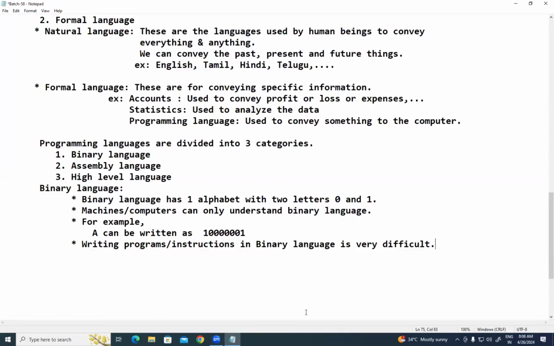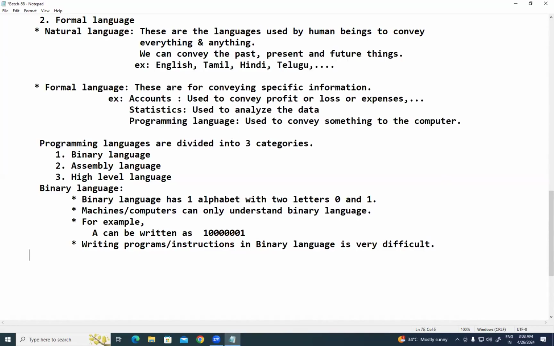Folks, I'm giving you very basics, which are very important, so that you will get an idea why we are writing the programs in programming languages. Am I clear so far? So, writing the programs in binary language is easy or difficult? Very difficult.